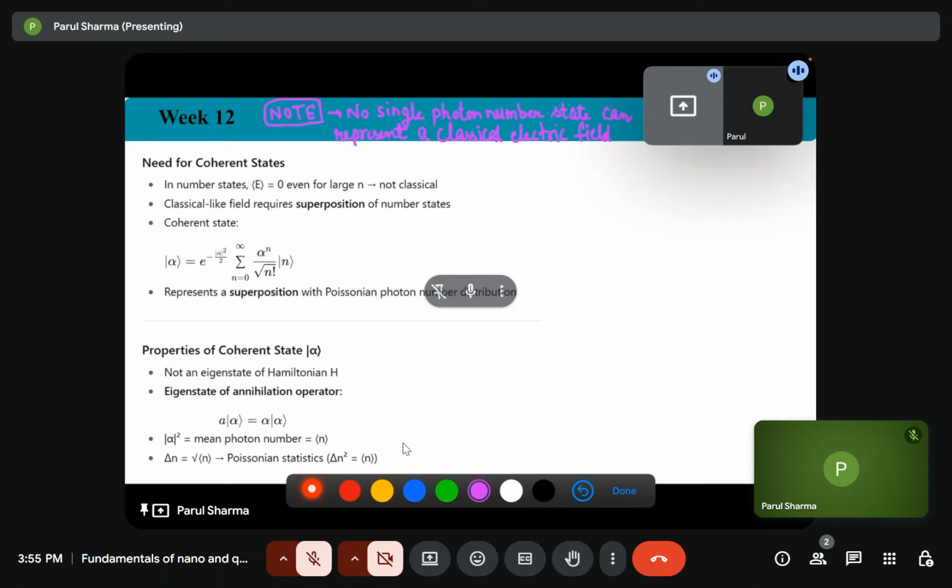We define the coherent state as the minimum uncertainty state with the length given by alpha.